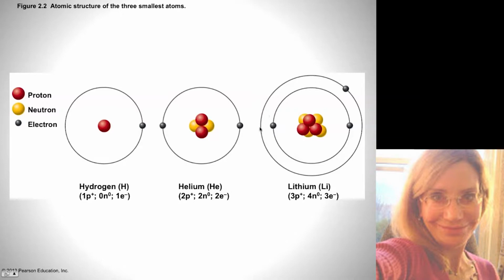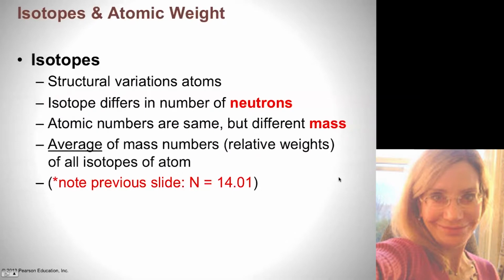You may notice that the second circle is added. This is representing the second shell out, and you'll find pretty soon in the PowerPoint we'll be talking about the octet rule. From here on out, each shell can contain up to 8 electrons.